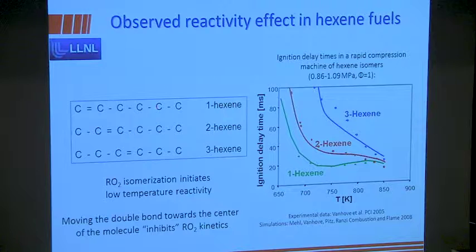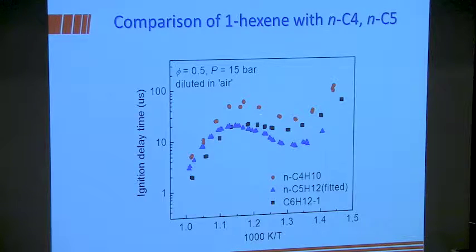Because here we have 1, 2, 3, 4 carbon atoms here. But actually, if you just consider this part as being the allylic part, you just have like an n-propyl part, actually. So it is even faster than n-butane, even with the allylic part, but it's slower than n-pentane.